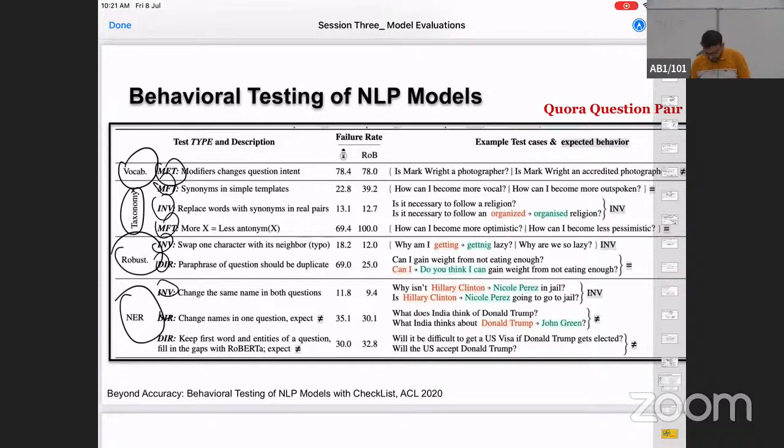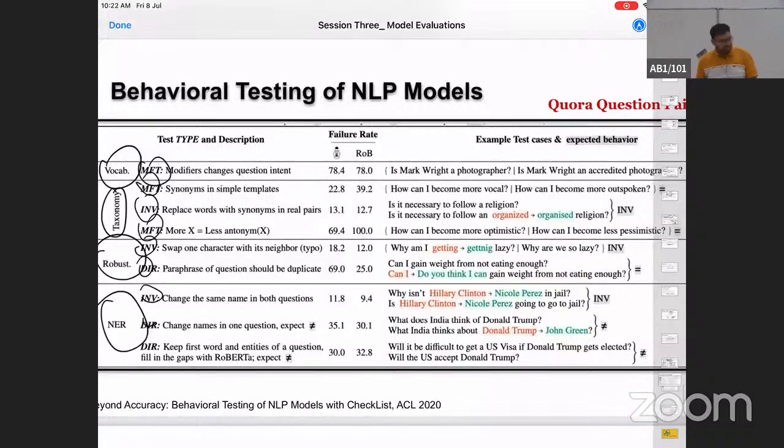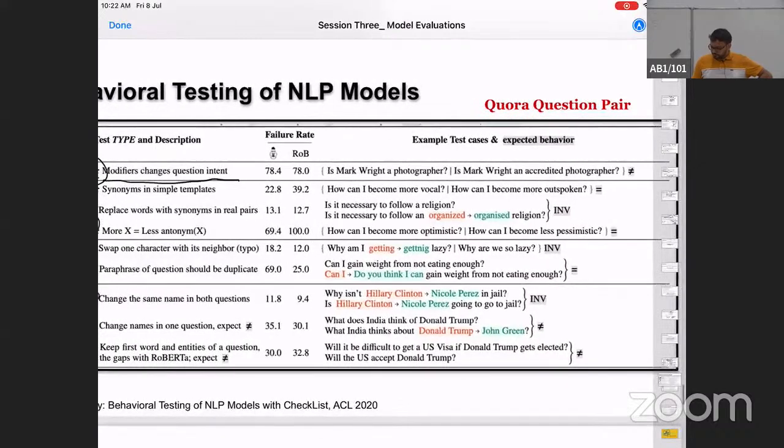Okay, let us see. Let us first of all see this vocabulary based capability. For that I have created an MFT sentence. What it says is, modifier changes the question intent. So we'll start adding some modifiers in my original sentences, and then I will see whether this changes the predictions or not. For example, if the two questions are like this: is Mark Wright a photographer?